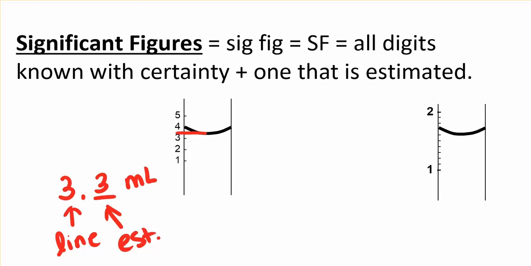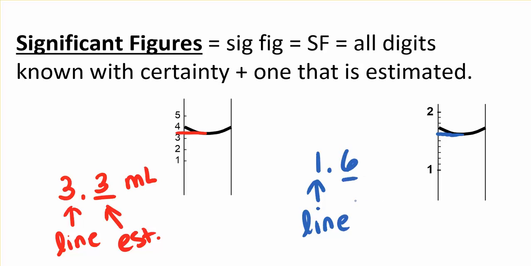Let's try this other one. And let's just say that on this one, the meniscus looks like the bottom edge is right on that little line there. So when we go to write down the measurement, it's definitely between 1 and 2. There's a line for that digit. And then the next digit, there's a little line for that. I believe it's 0.6.